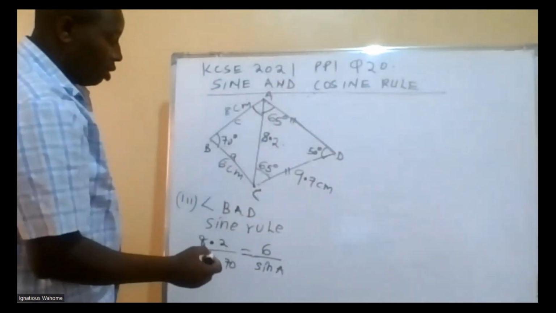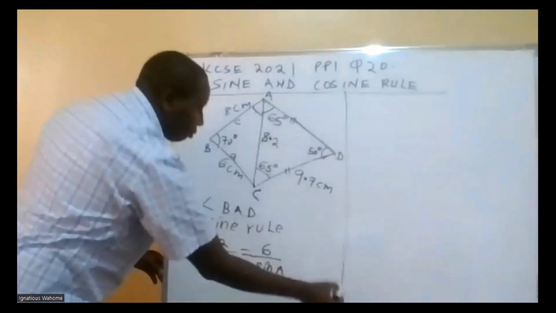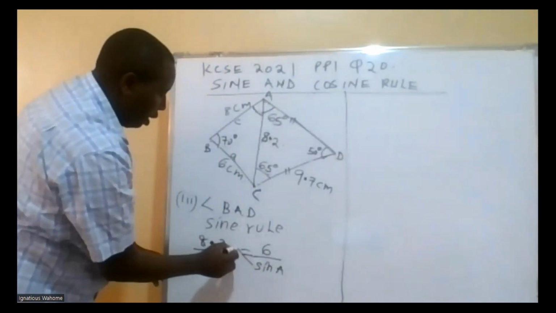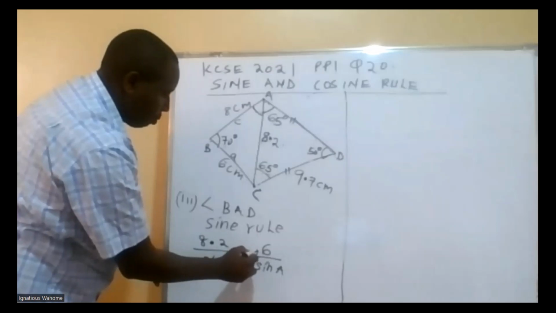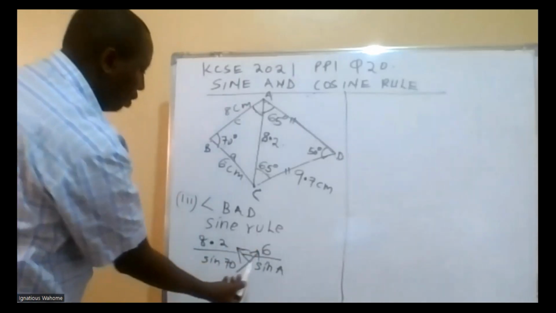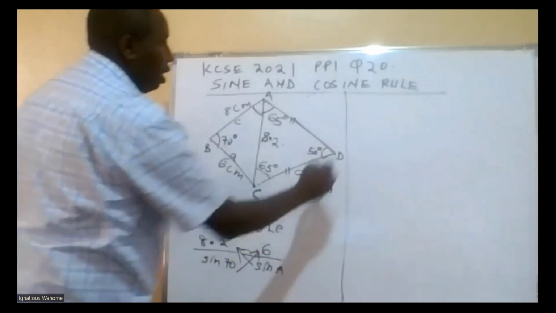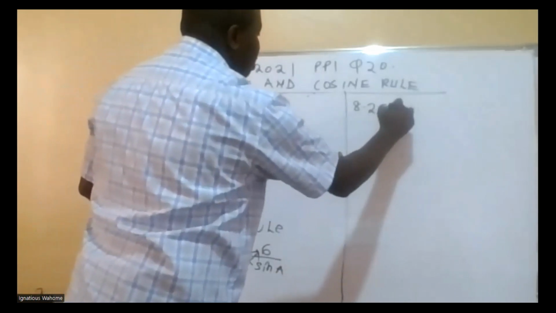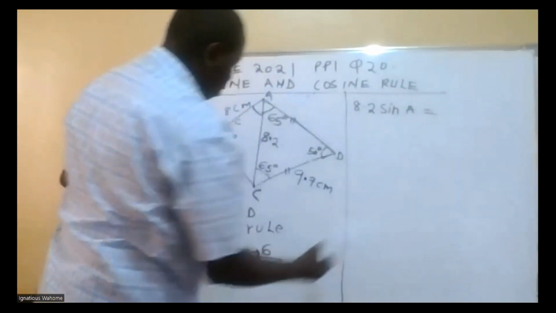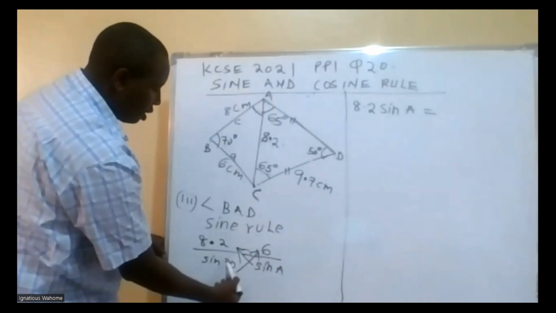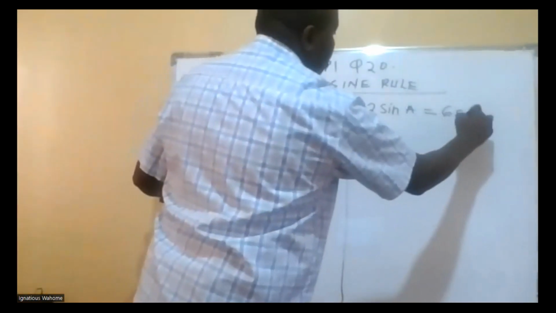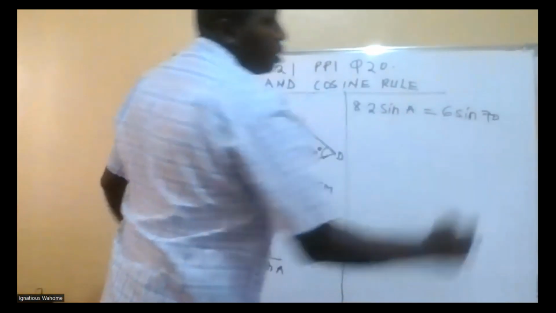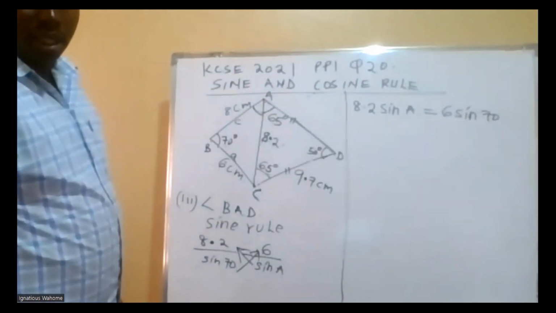So how do you find A? Cross multiply. This comes to 8.2 sine A is equal to 6 sine 70.